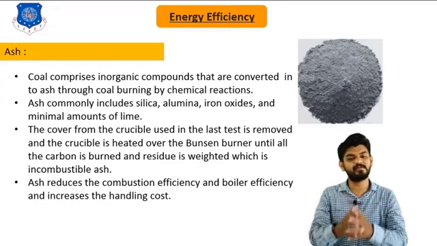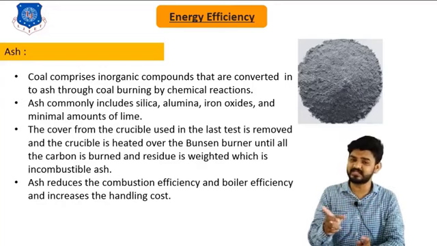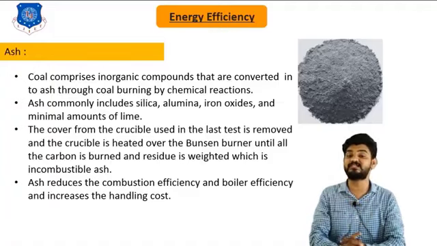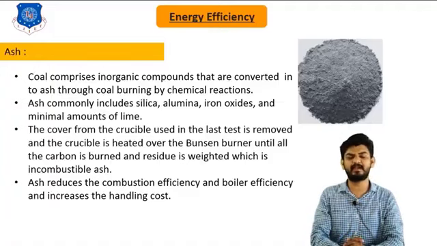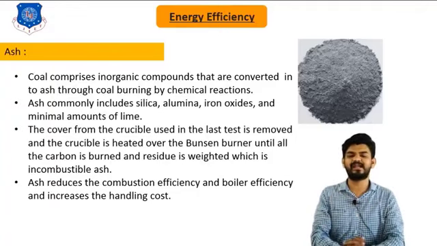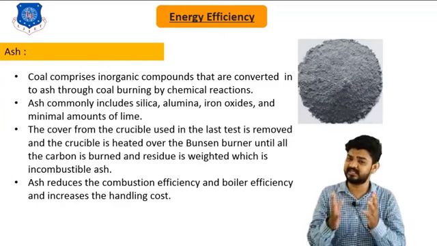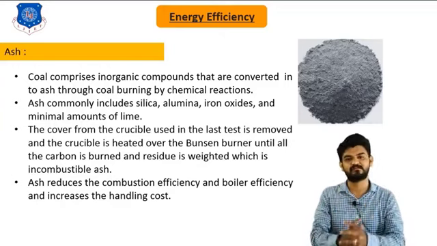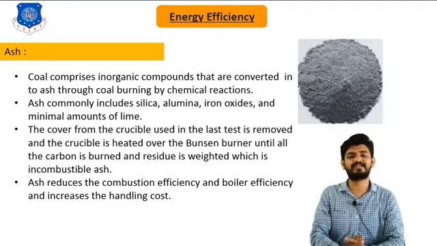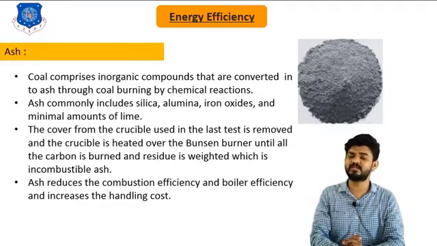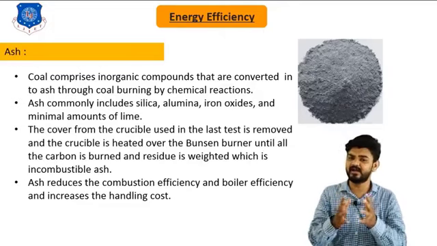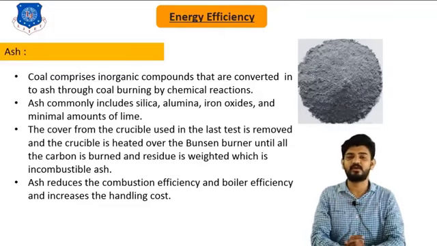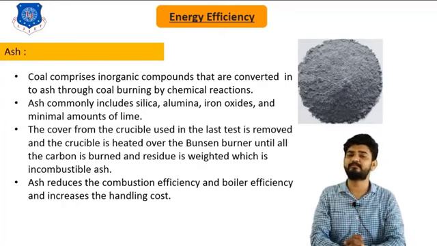The cover from the crucible used in the last test, that is volatile matter, is now removed and the crucible is heated in a Bunsen burner until all the carbon is burned and the residue is weighed, which is nothing but incombustible ash. So we take the same sample that we used for the measurement of volatile matter and place it into the burner and allow all the carbon to get oxidized or burned.